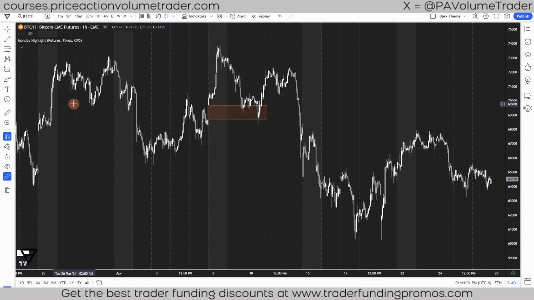I like to use it just to highlight the opens of each week, but you can see how on every Monday or Sunday night open in the CME futures, there is usually going to be a gap. Okay, so I'm going to just go ahead and mark off every gap that we have in the past 5 weeks, just like I marked this one, and then we'll go into the general strategy of how we can use this for our own trading.